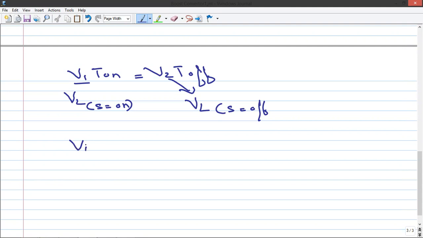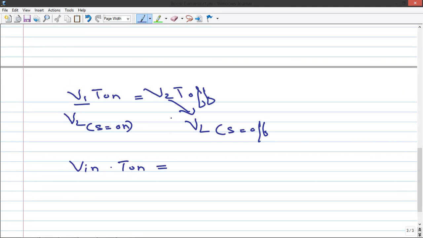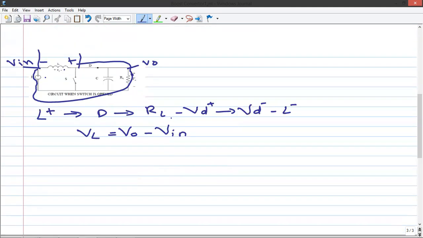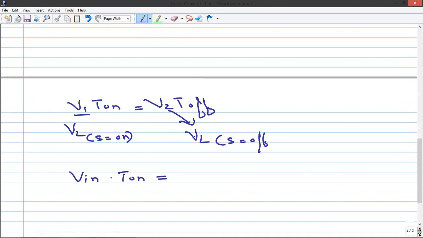So V input into T on is equal to V out minus V input, into T off.